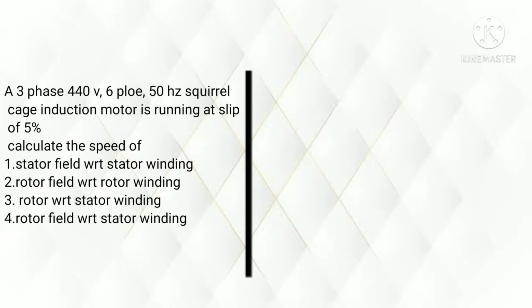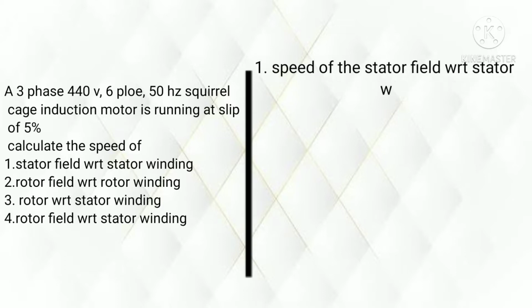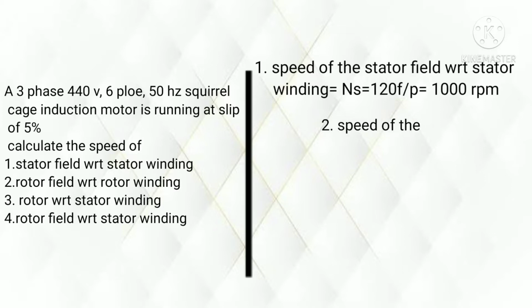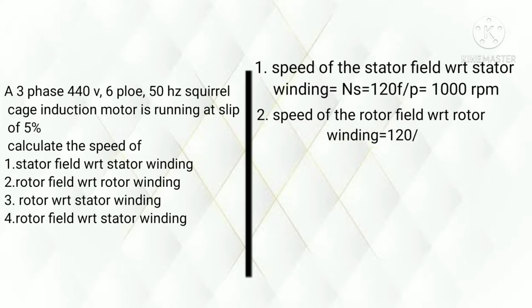So the first point is we have to calculate the speed of the stator field with respect to the stator winding, that is equal to synchronous speed 120 F by P equal to 1000 RPM, revolutions per minute. Now we have to find the speed of the rotor field with respect to the rotor winding. We know that the frequency of the rotor field is equal to sF.